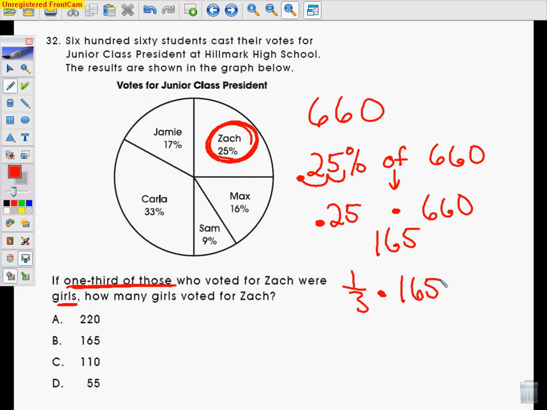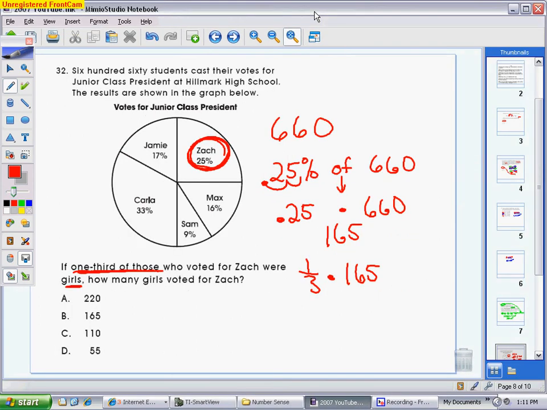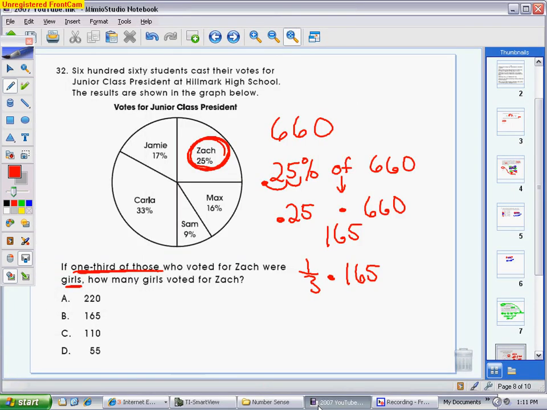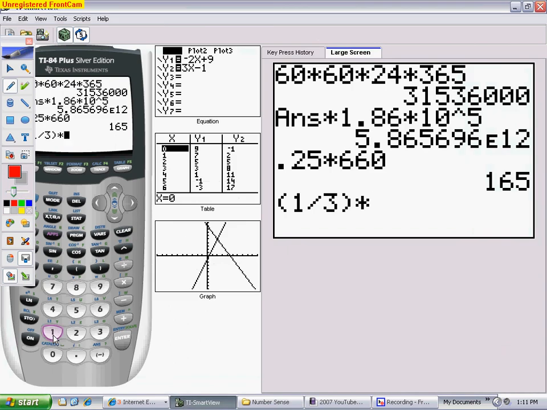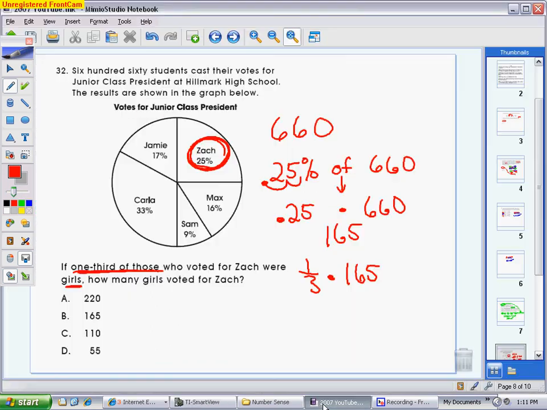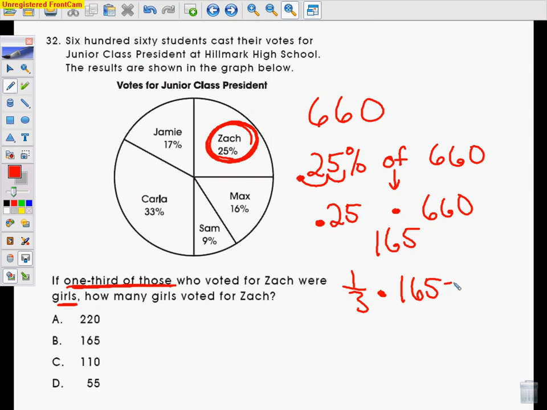Again, we're going to go to our calculator and type in 1/3 times the problem we had was 165 students. So 1/3 of the 165 equals 55. So there's our answer right there.